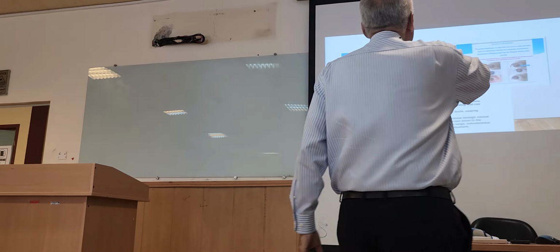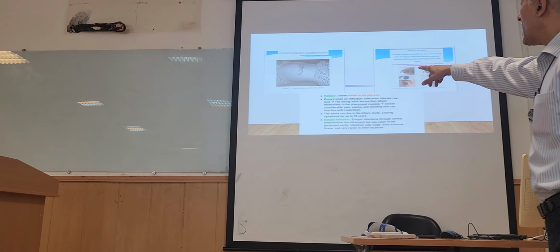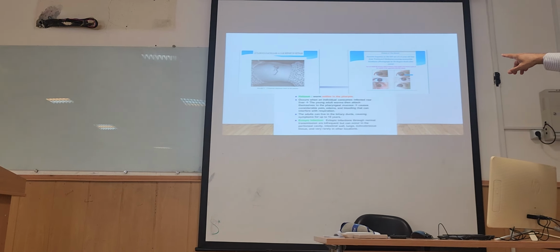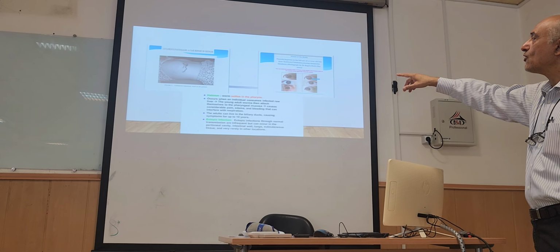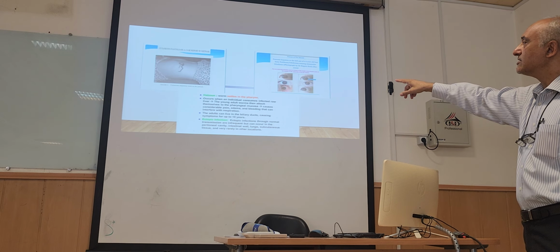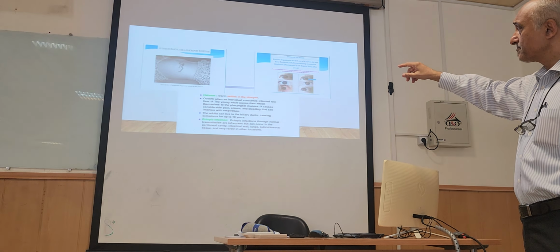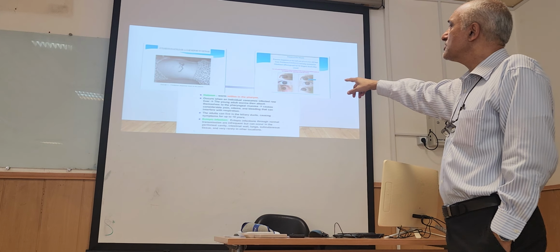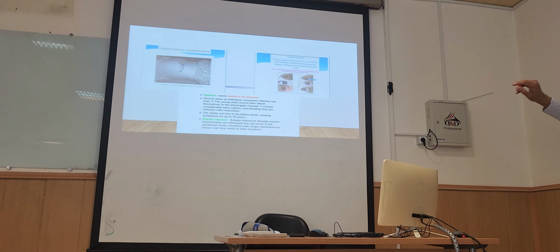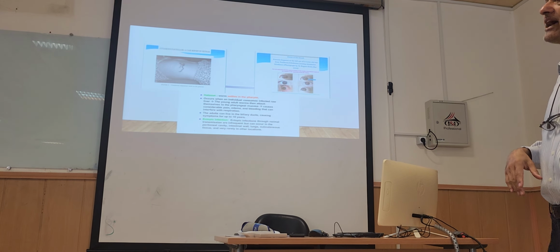The worm settles in the pharynx. It occurs when an individual consumes infected raw liver. The young adult worms then attach themselves to the pharyngeal mucosa, causing considerable pain and edema.